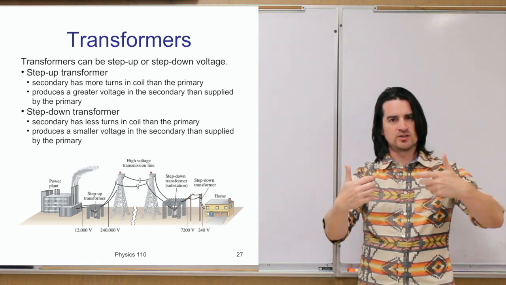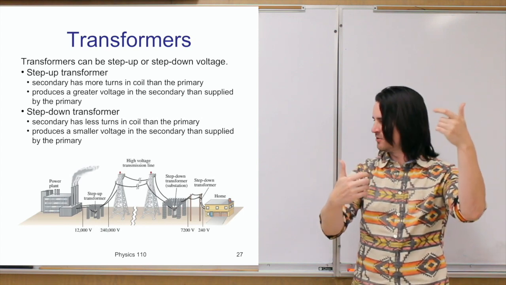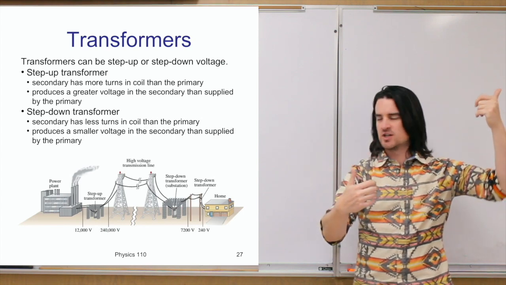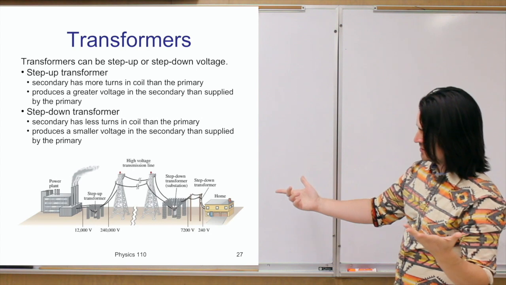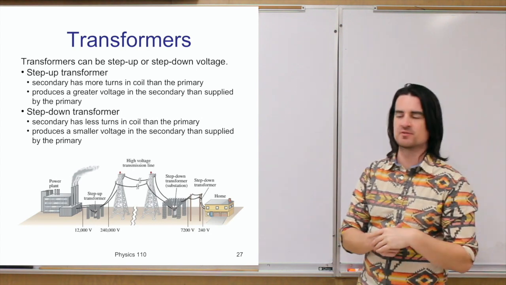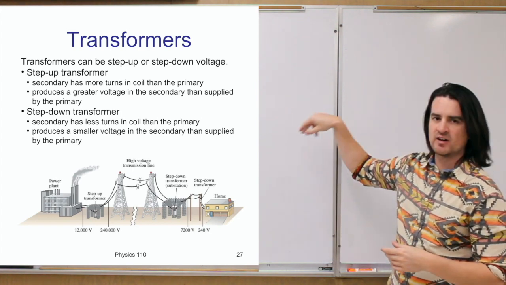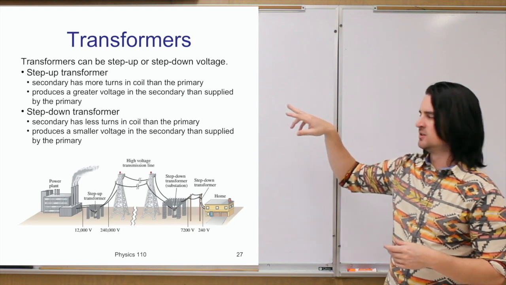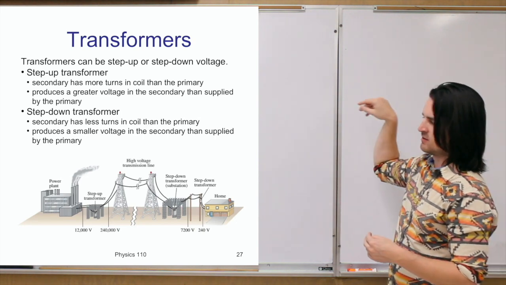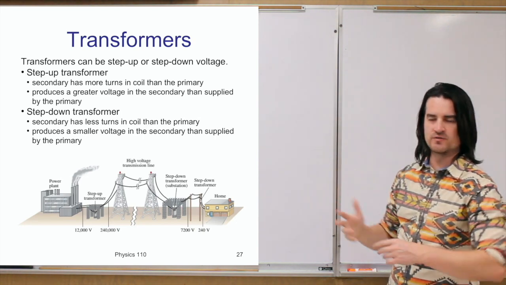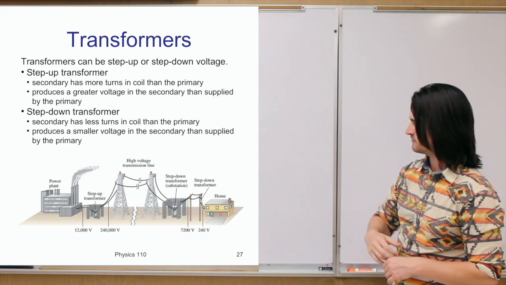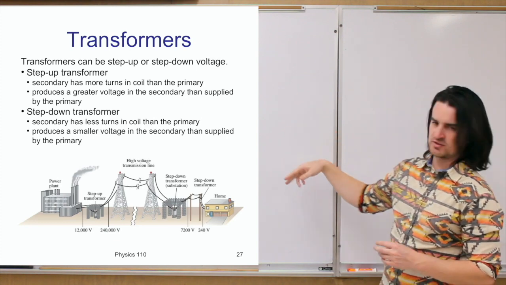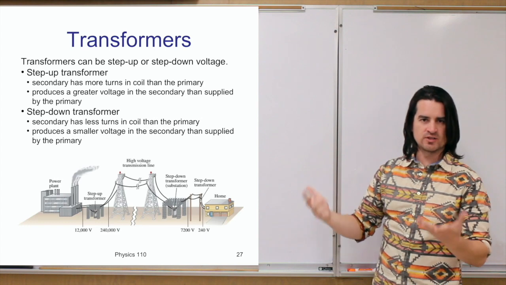The secondary coil has more loops in it than the primary one, and we end up stepping the voltage up to, in this case, 240,000 volts. And that's that very high voltage that we can transmit our power at and not lose very much of that power. But then eventually you get towards where the homes are that want to use that.